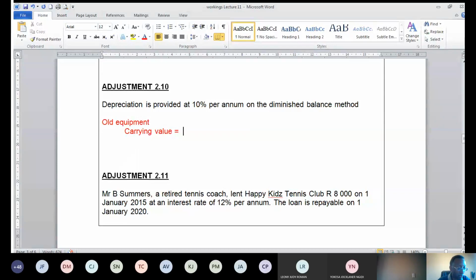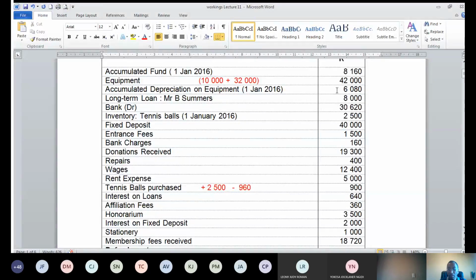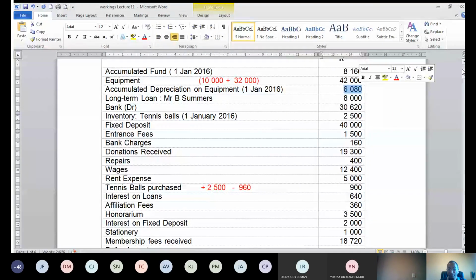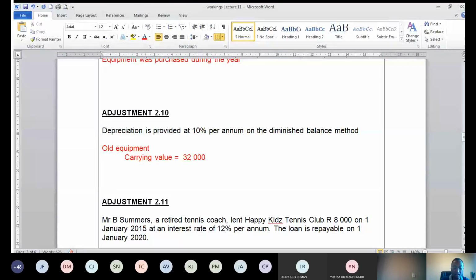Your cost is the amount of 32,000 Rand, that's the cost of your old stuff. And your accumulated depreciation is the amount of 6,080. So to calculate depreciation on the old stuff, it will be 32,000 minus 6,080. Cost minus accumulated depreciation. And that will give you a carrying value of 25,920.